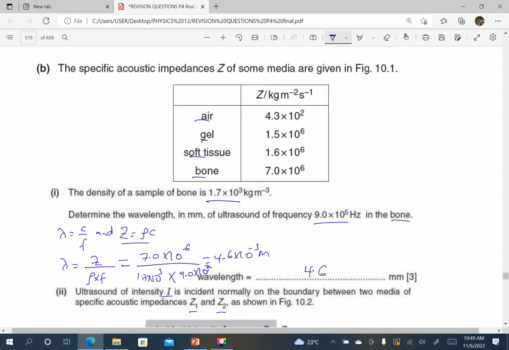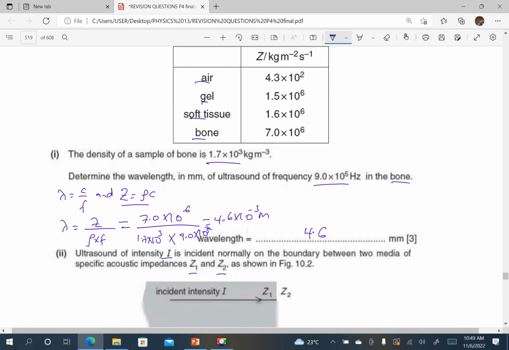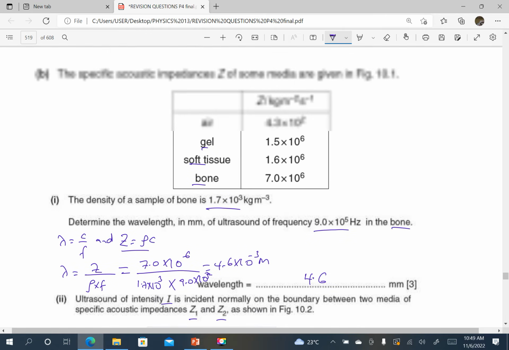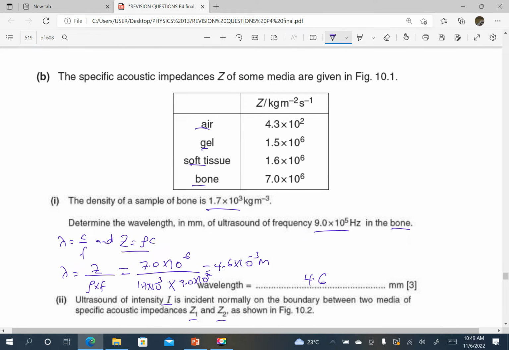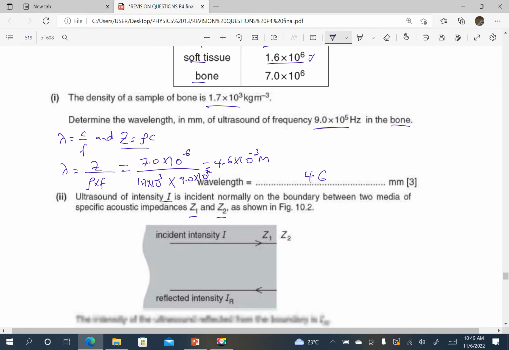Now the question is, you must use the data to explain quantitatively. Normally, when they say explain quantitatively, you should work out something, you should come up with a calculation. So we know the Z values for the air soft tissue boundary and the gel soft tissue boundary. We are going to check the ratio for air soft tissue and then gel soft tissue, and we compare.